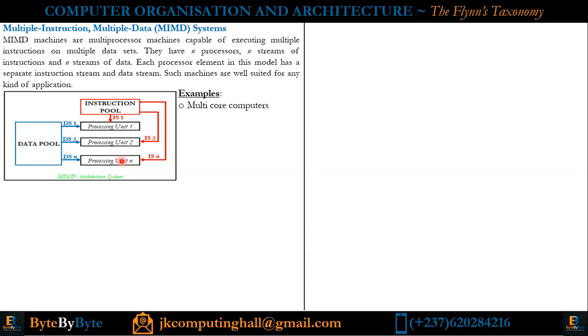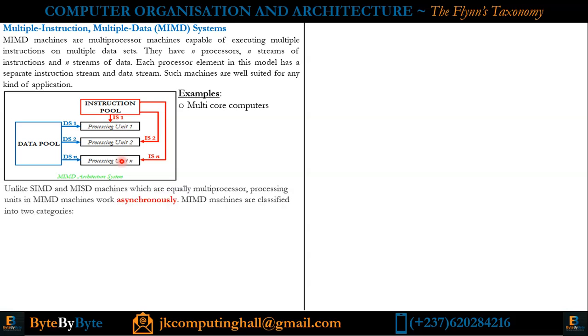As an example, we have multi-core computers. These multi-core computers you have nowadays are a perfect example of MIMD machines. Now, take note, out of these four different categories of computers, only the SISD is a uniprocessor.